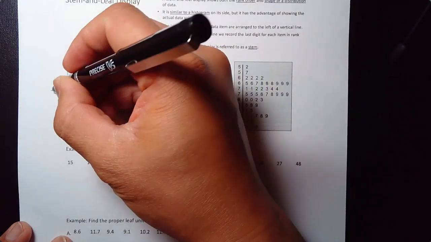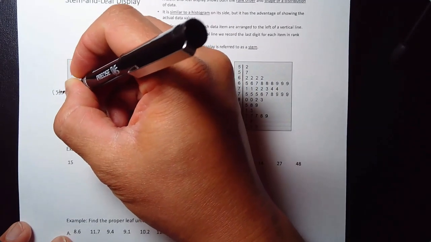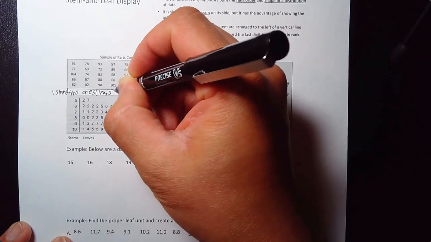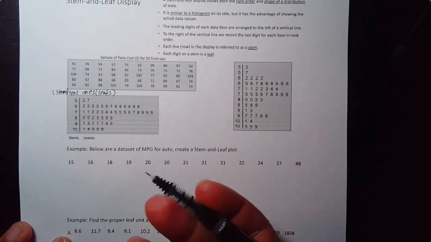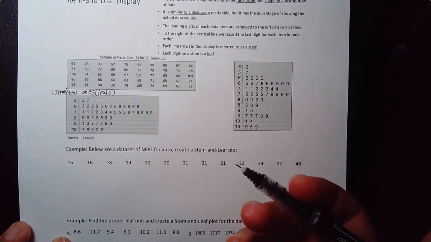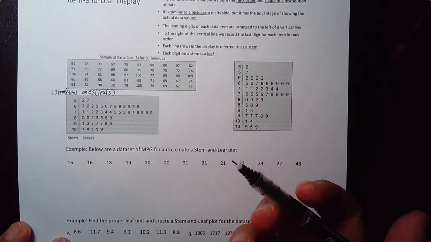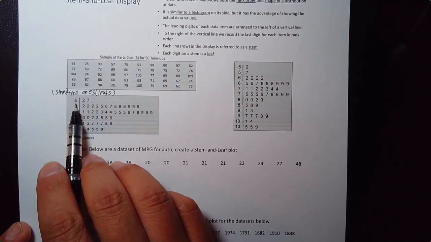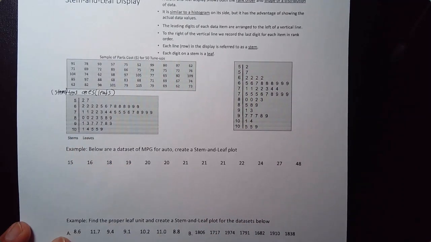So here are my stems, and then the ones are my leaves. Okay, and this is essentially a histogram, but instead of us creating the number of classes and doing all that work, we're just going to use the tens for my class, and then we're going to call them stems.